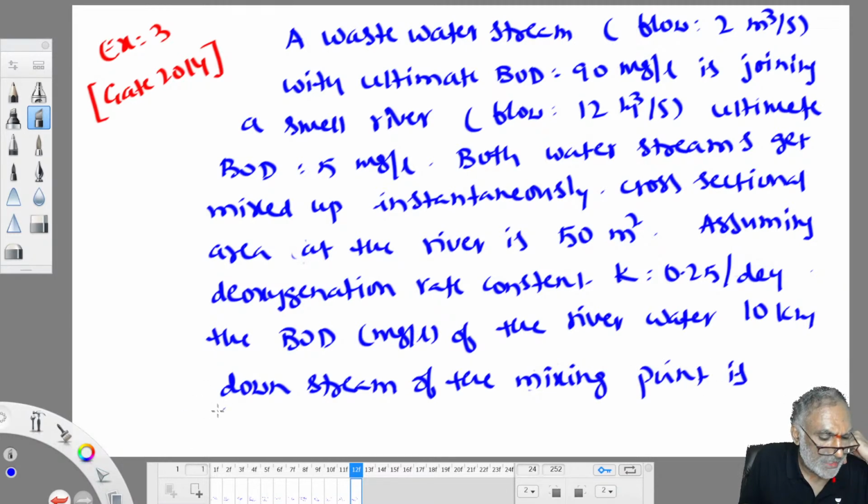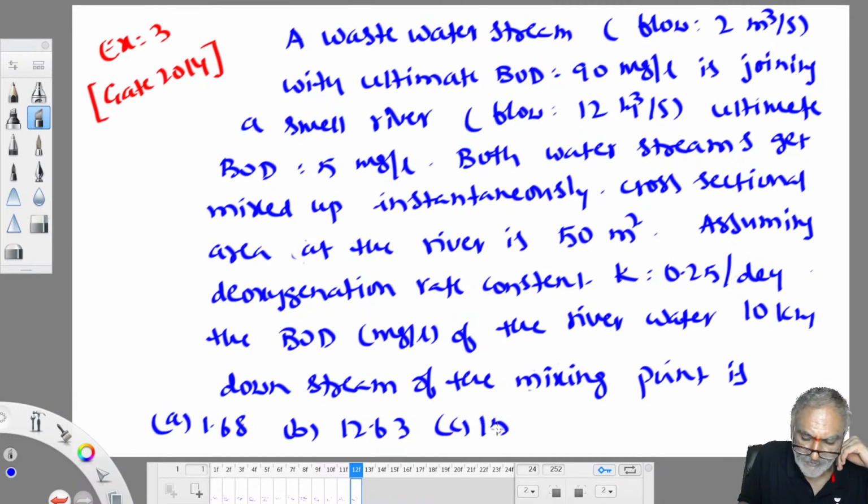He has given options: A 1.68, B 12.63, C 15.46, D 1.37. So four options are given.